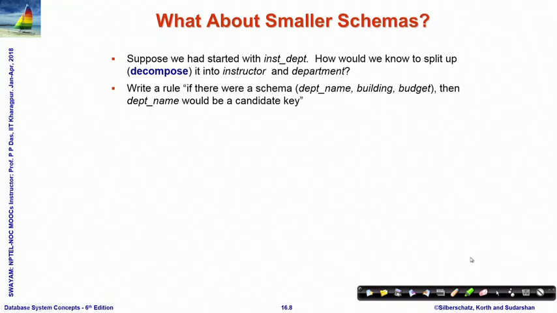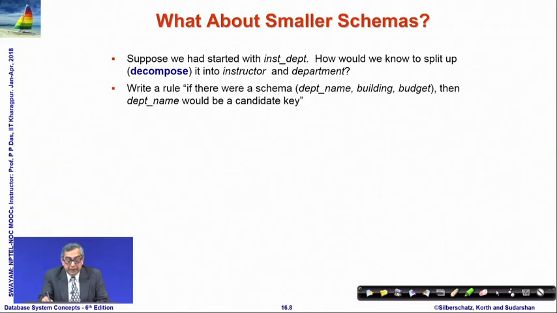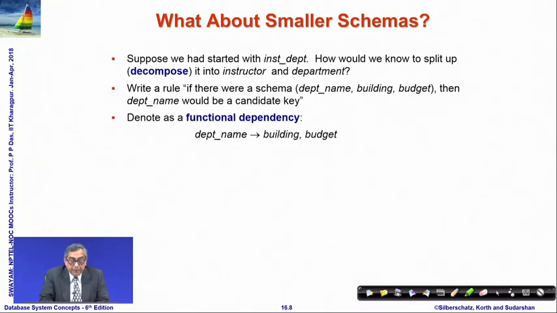And so, we write it as a rule that if there is a schema department name, building, budget, then department name would be a candidate key. And we write this observation that if two records match on the department name, they must match on the building and budget. Very loosely, and we will come to the formal definition, we call this the functional dependency.